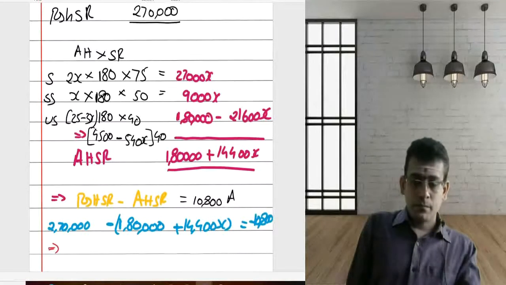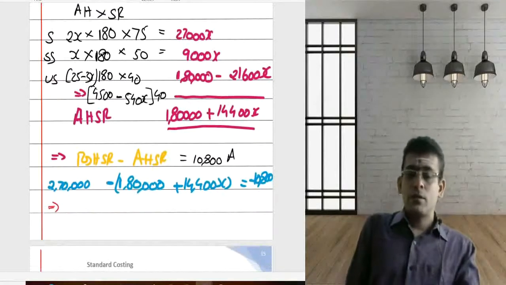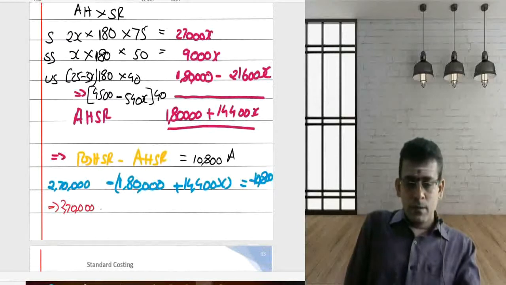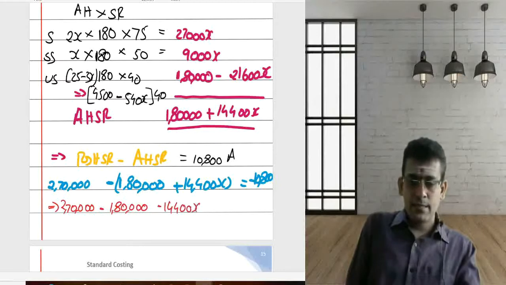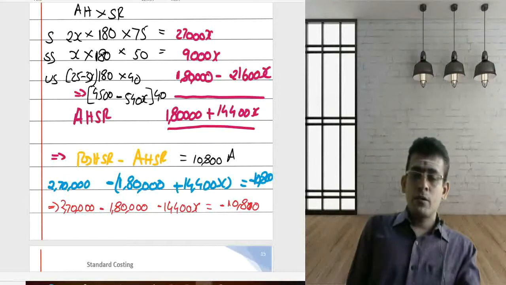Now let us elaborate this. Let us multiply the entire thing with minus. So ultimately 2,70,000 minus 1,80,000 minus 14,400x is equal to minus 10,800. Now we need to solve this equation.